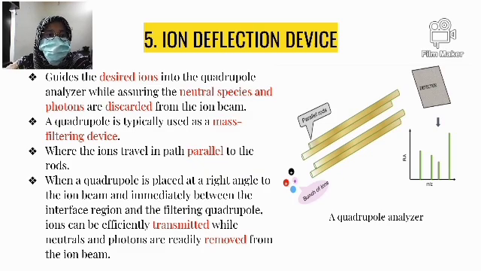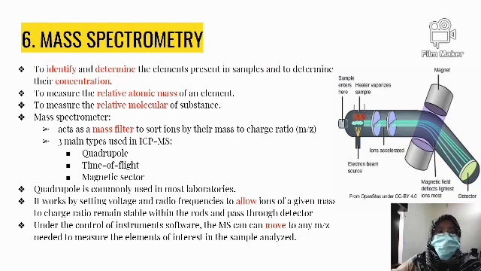Here, when a quadrupole is placed at a right angle to the ion beam and immediately between the interface region and the filtering quadrupole, ions can be efficiently transmitted while the neutrals and photons are readily removed from the ion beam.